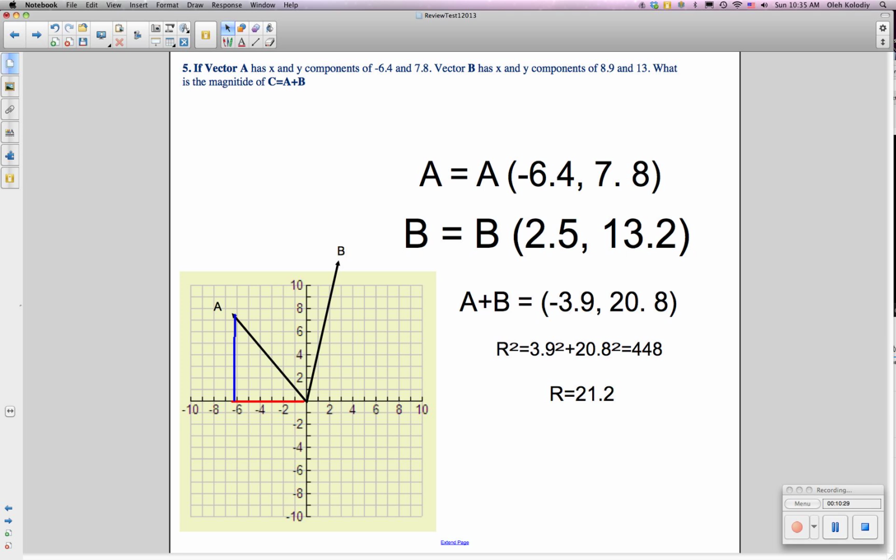So A's x component, the length of the red line, is minus 6.4 approximately, and his y component is the blue line here, that's 7.8. Same thing with B. You add the two numbers, and you get the coordinates of the result.